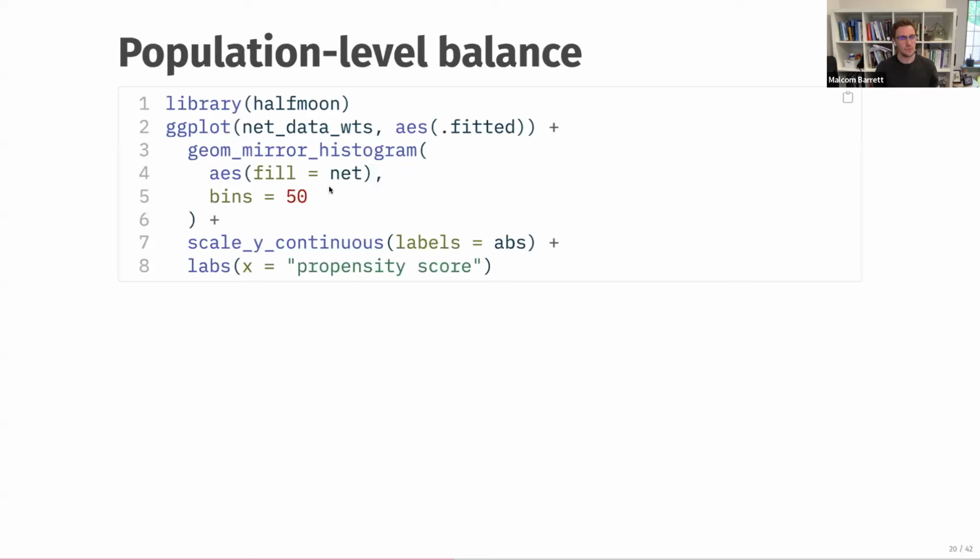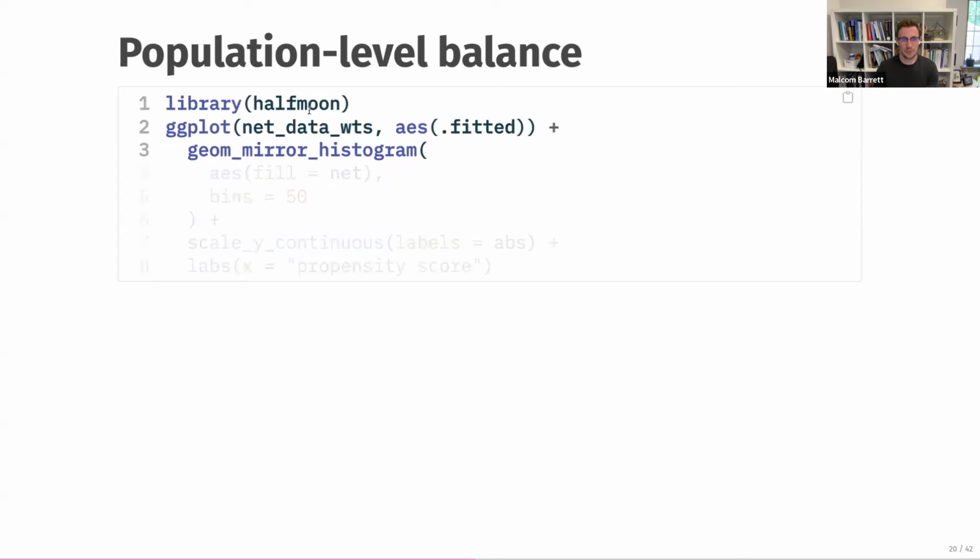So one thing that I'm going to want to do, if I'm correctly using these data to estimate those two populations, is check that these two populations are more or less balanced across the propensity score. By balanced, I mean that there's the same distribution of people along the risk, as you might call it, the probability of treatment.